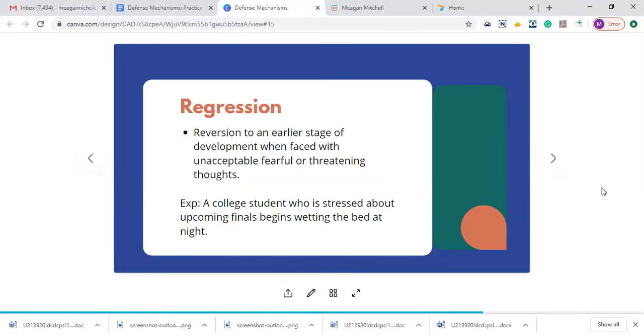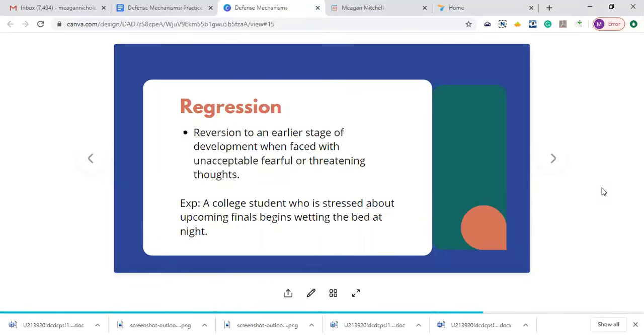Regression. So regression is really interesting because this is when someone is functioning normally and then they revert to an early developmental stage. And the reverting to an early developmental stage is when they're faced with a stressful event, they're in danger, they're threatened. An example of this is, there's a million examples out there, but one that I like to think about is a college student who is stressed about upcoming finals begins wetting the bed at night.